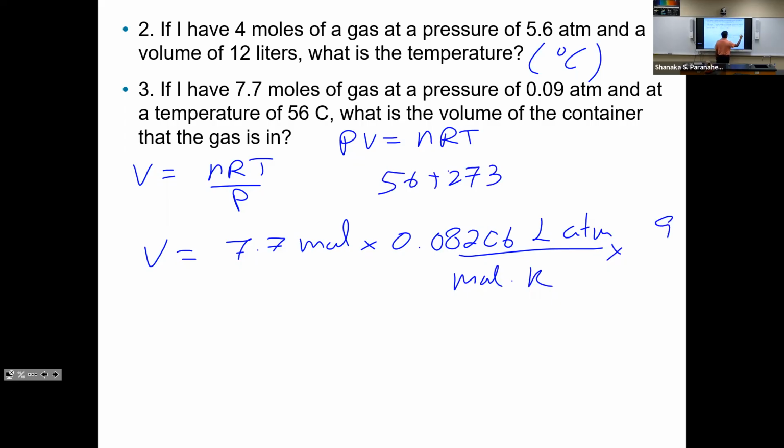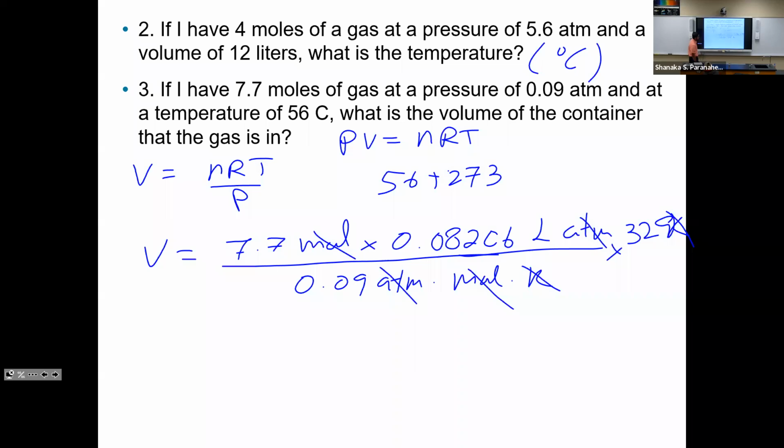What is that? Kelvin moles. Volume in liters.